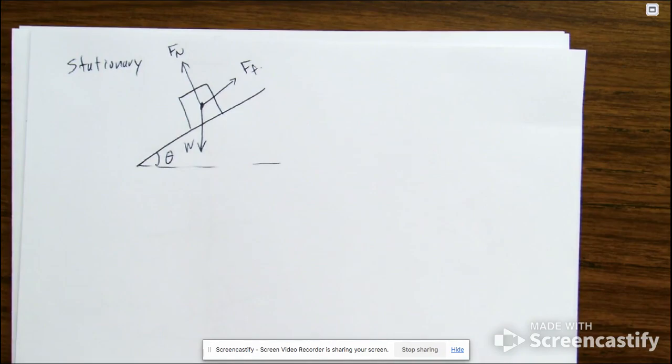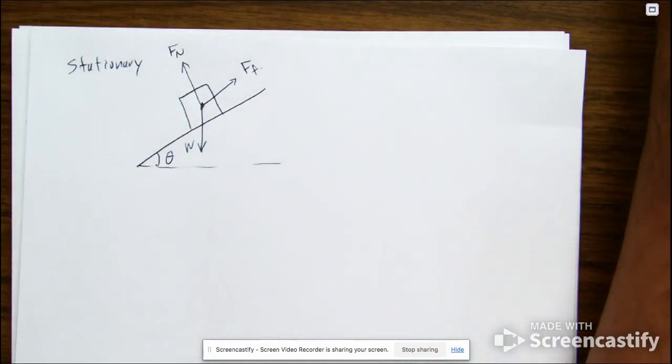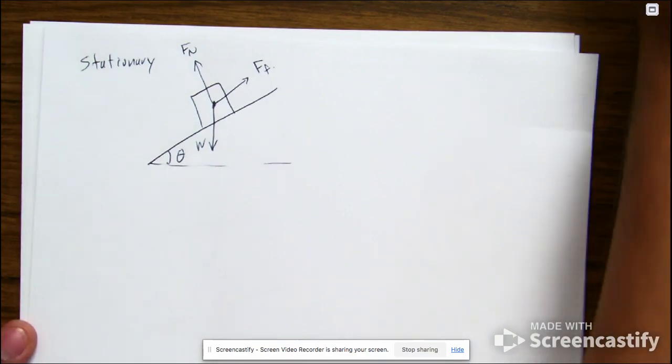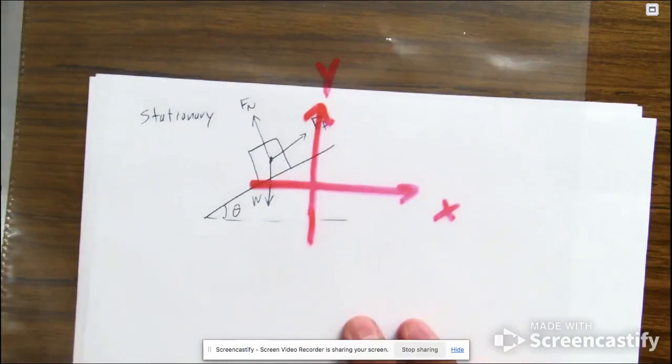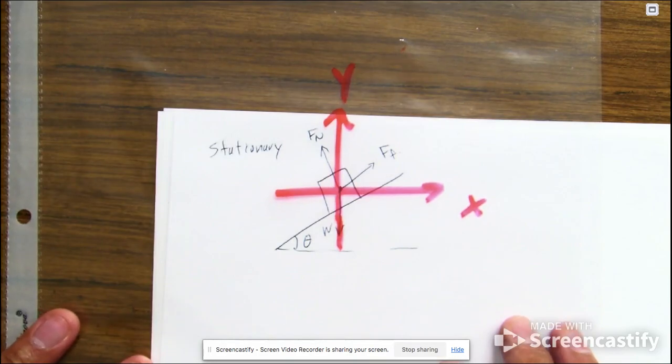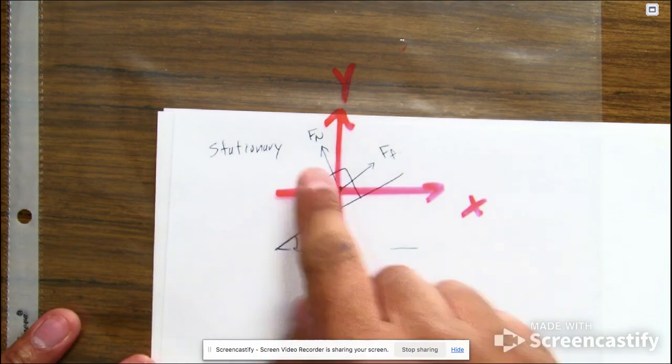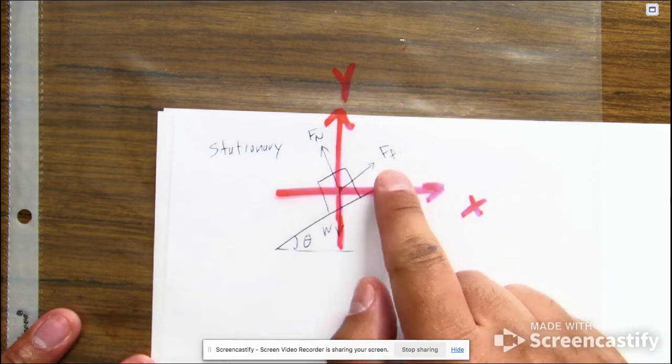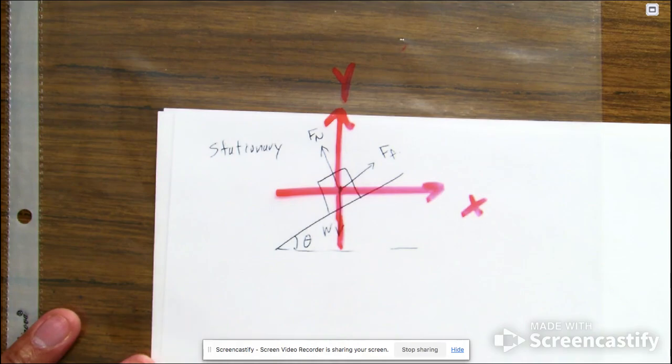All right, that's our first iteration. There are our forces on the object. Now, when we're trying to establish our coordinate system, what's going to help is looking at it like that. If we establish a regular x and y, you'll notice very quickly that we end up with these two-dimensional vectors here, and only the weight is going to be one-dimensional.